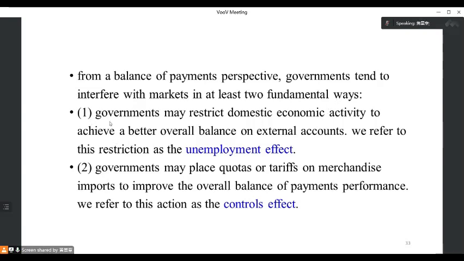First, governments may restrict domestic economic activity to achieve a better overall balance on external accounts. We refer to this restriction as the unemployment effect.